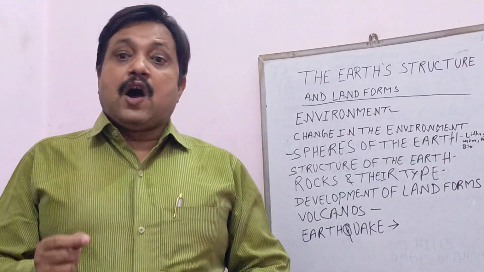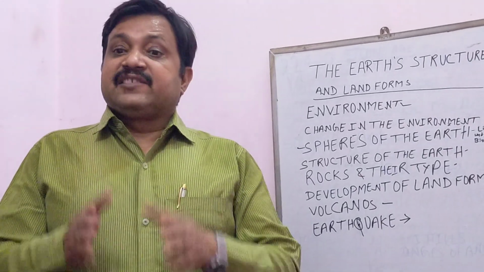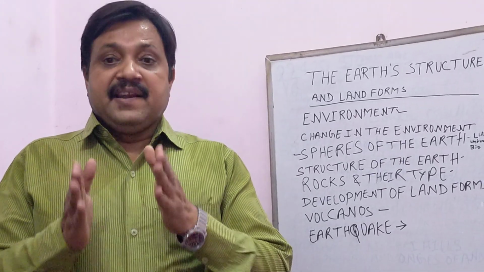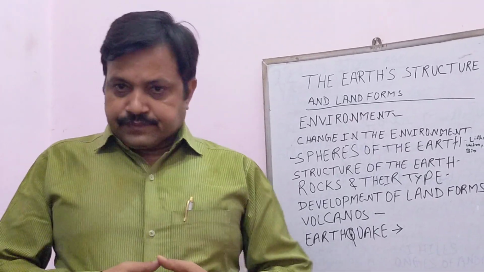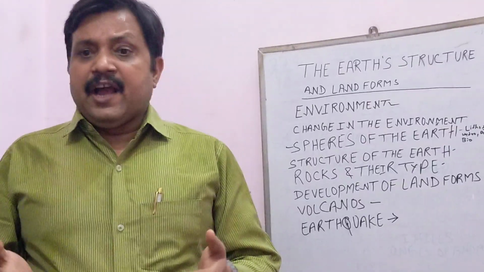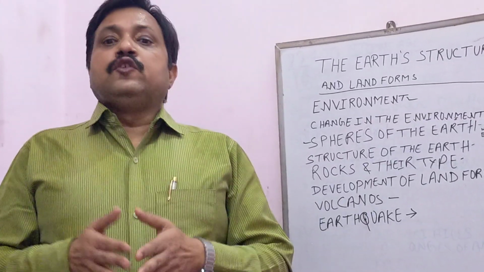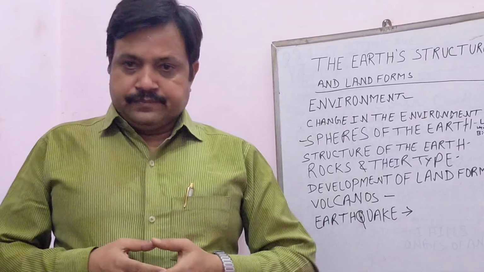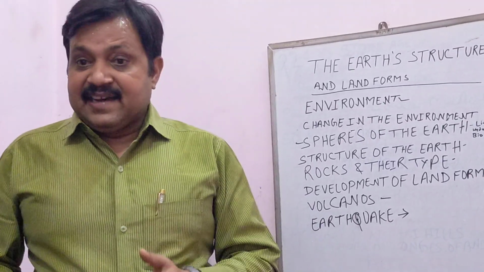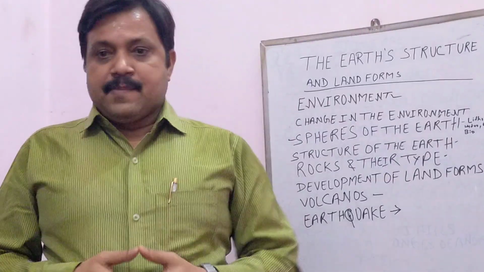This layer is called nife as its main components are nickel and iron. The average density of the core is between 3.5 gram to 5.5 gram, and matter in these layers is found in molten form and is called magma.